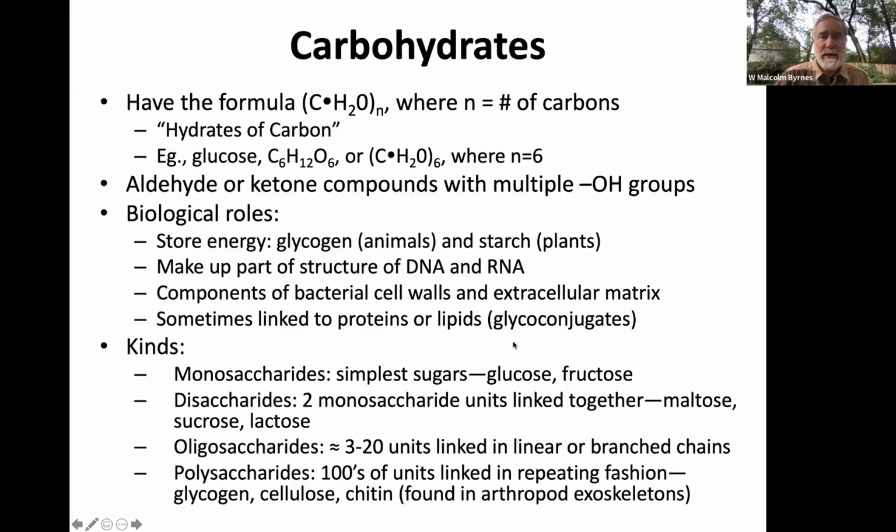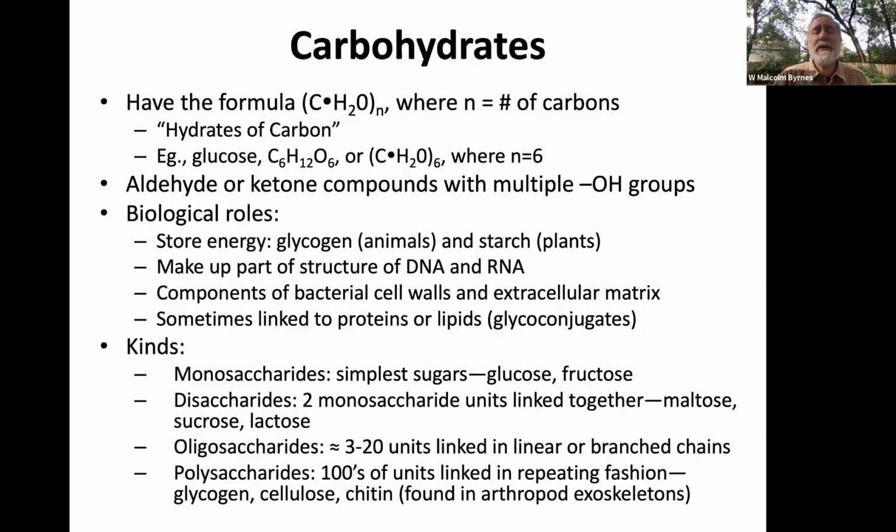There are different kinds of carbohydrates. We have monosaccharides, which are the simplest sugars. Examples include glucose and fructose. Disaccharides, which are made up of 2 monosaccharide units linked together. Examples include maltose, sucrose, and lactose. And then we have the oligosaccharides.